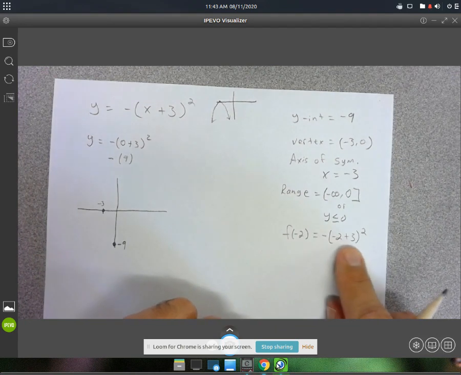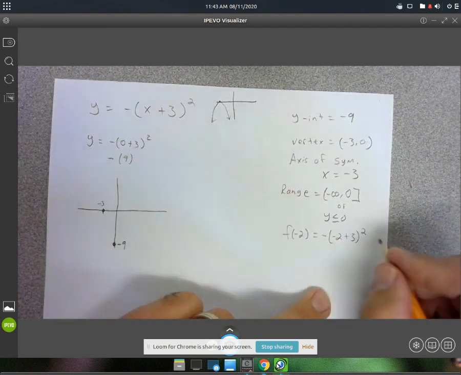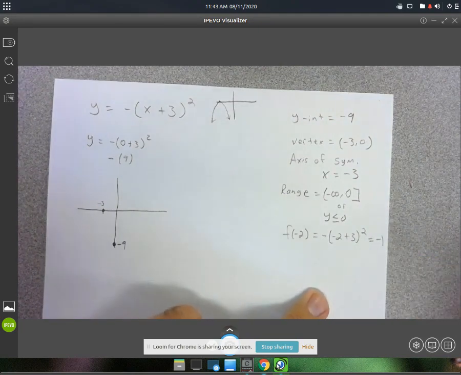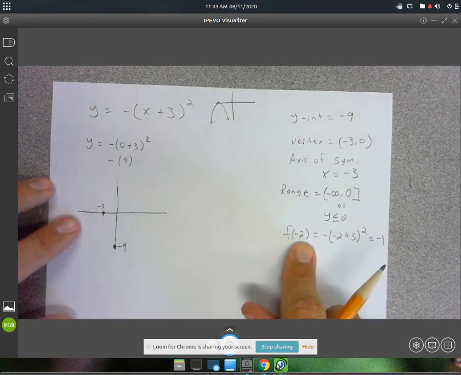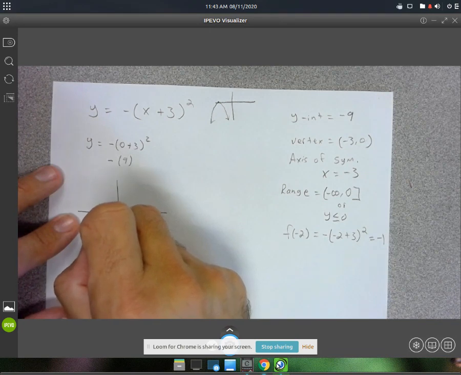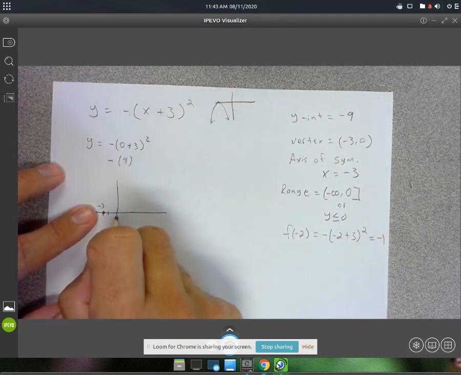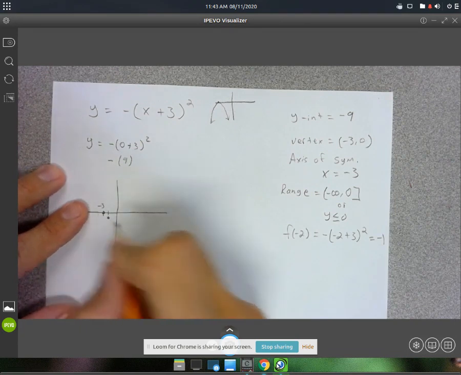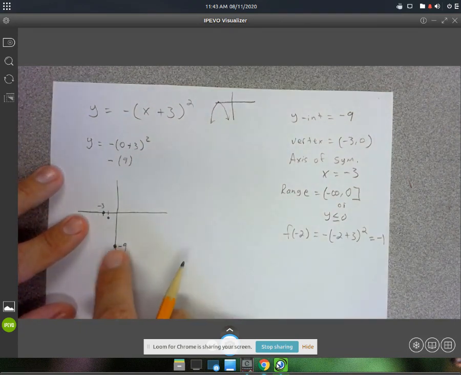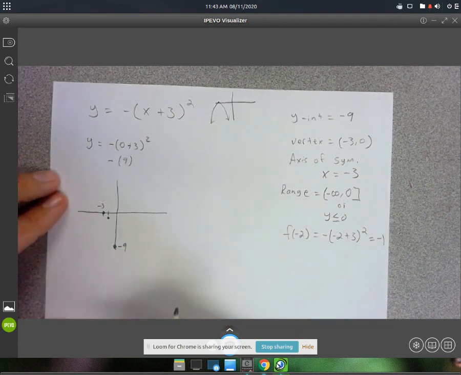Negative 2 plus 3 is 1. 1 squared is 1. And then you add on the negative, so you get negative 1. All right, so my x coordinate is at negative 2. And then I'm going down 1, so somewhere in there. All right, and I've already got my y-intercept, so I can go ahead and use that.